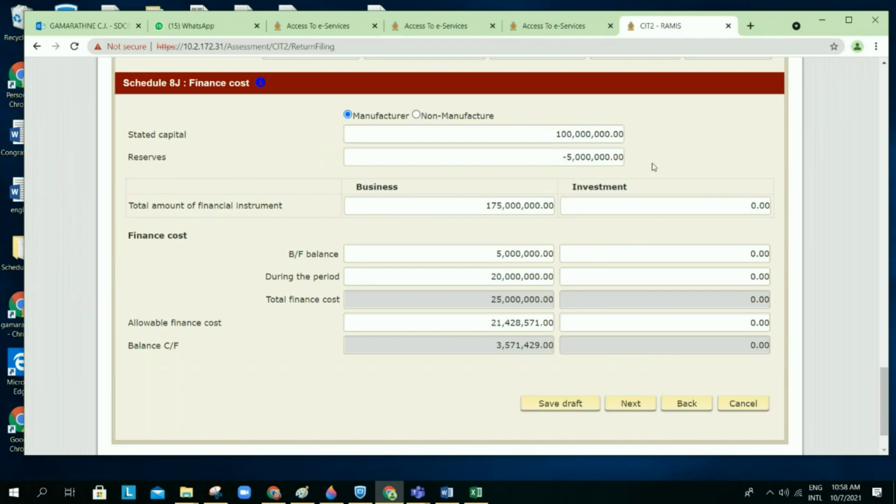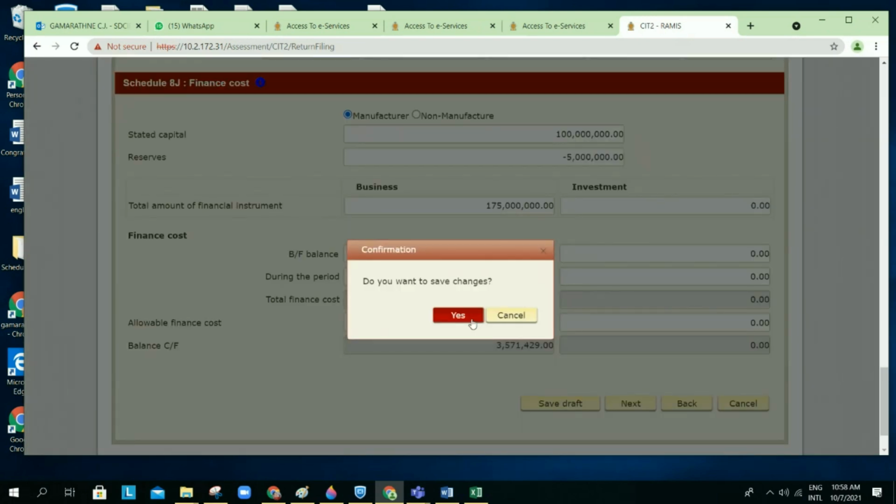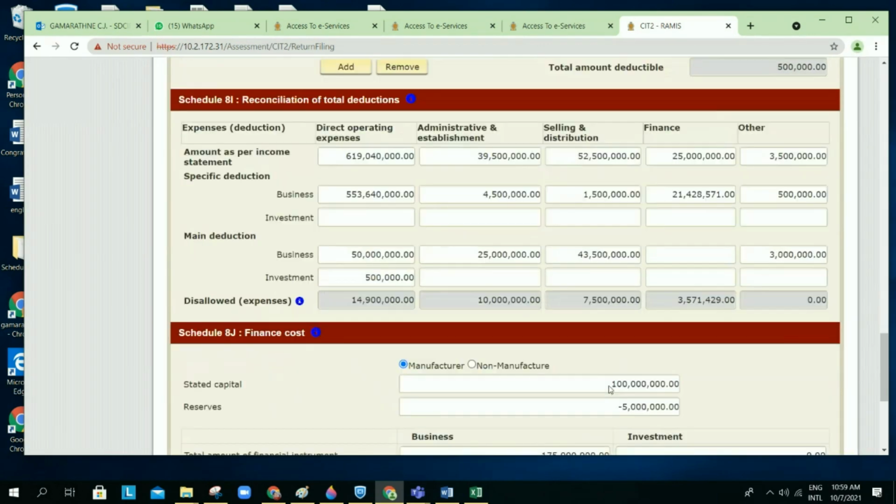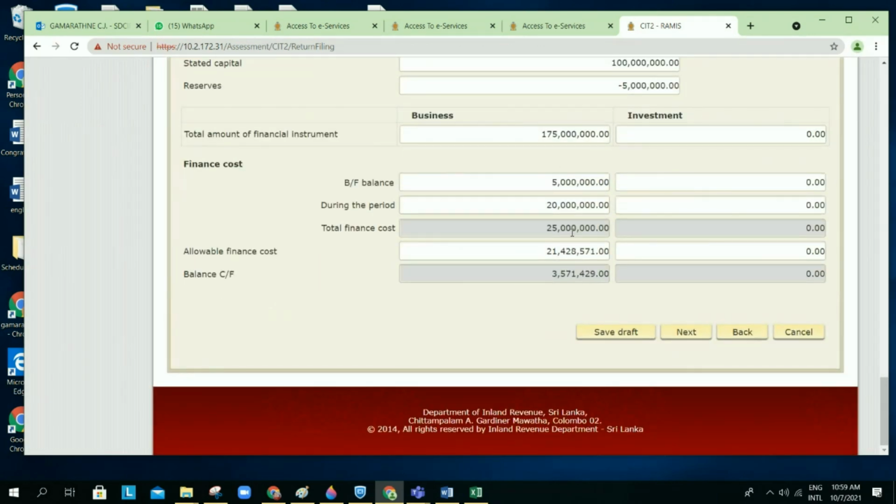How do we do these calculations? The data reflects share capital of 100 million and reserves of minus 50 million as provisions; we should take them together and identify the value. If it is a manufacturer, 3 times; if not a manufacturer, 4 times. This preparation relates to a manufacturer. Therefore, we take 3 times and identify the maximum value they can take.